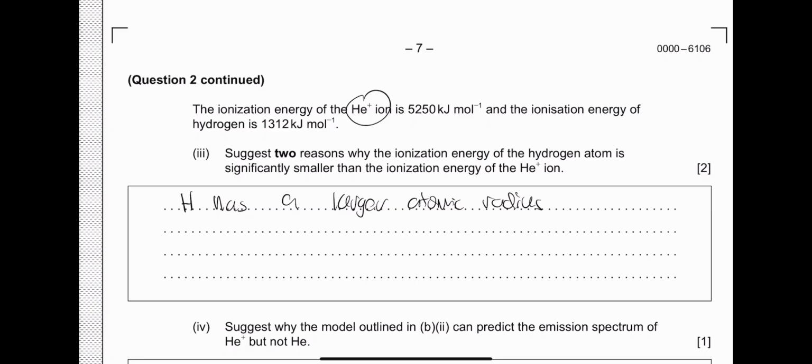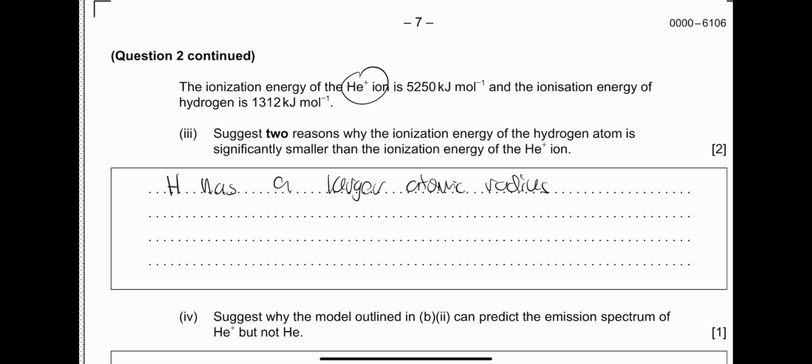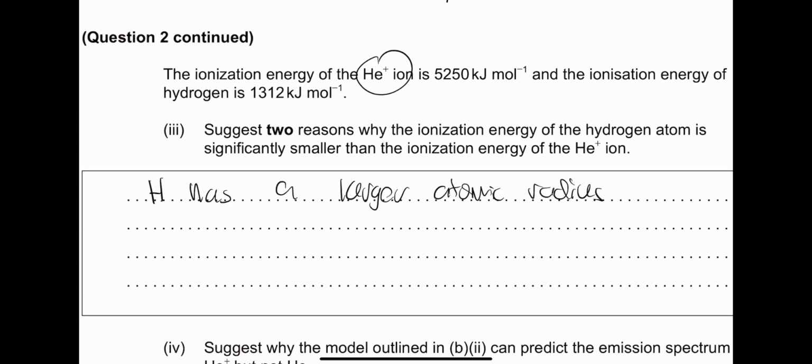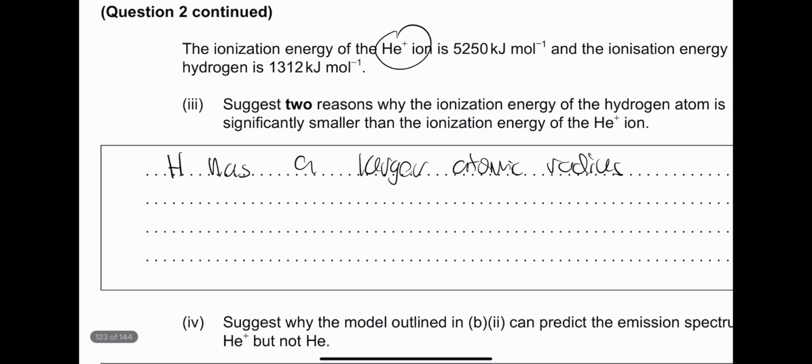Smaller atomic radius, so on and so forth. So yeah, hydrogen has a larger atomic radius. What else? Well, we can talk about the nuclear charge. Hydrogen has half, right?